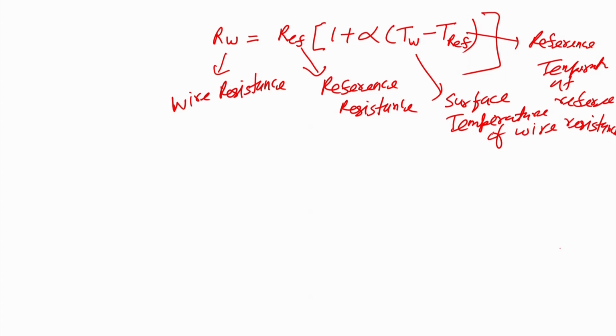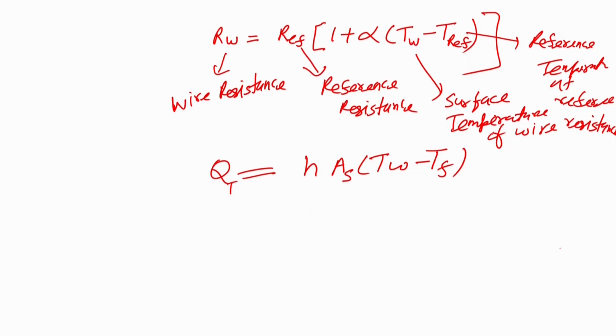Now, we can use that equation QT is H A TW minus T of fluid. This is A of surface, AS. Now, this is the convective heat transfer.